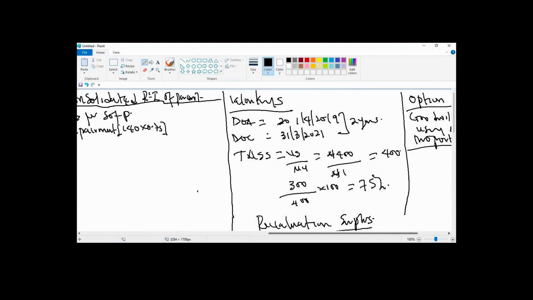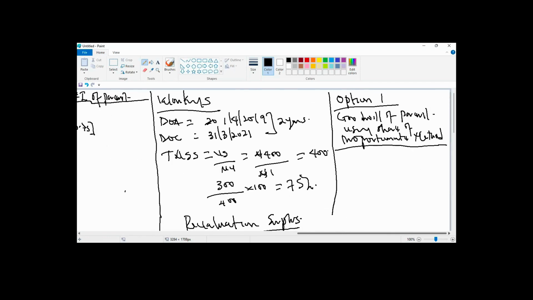I will come here. Cost of investment for the goodwill calculation, 18. Add NCI, which is 0.25 times 1980, times 0.25.